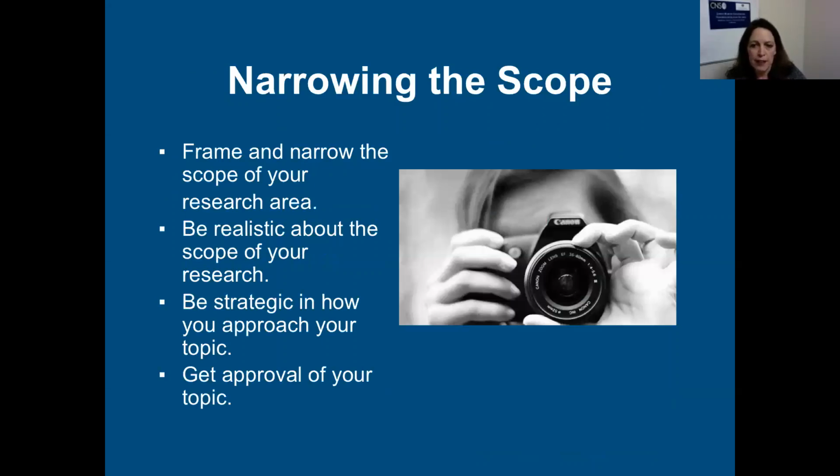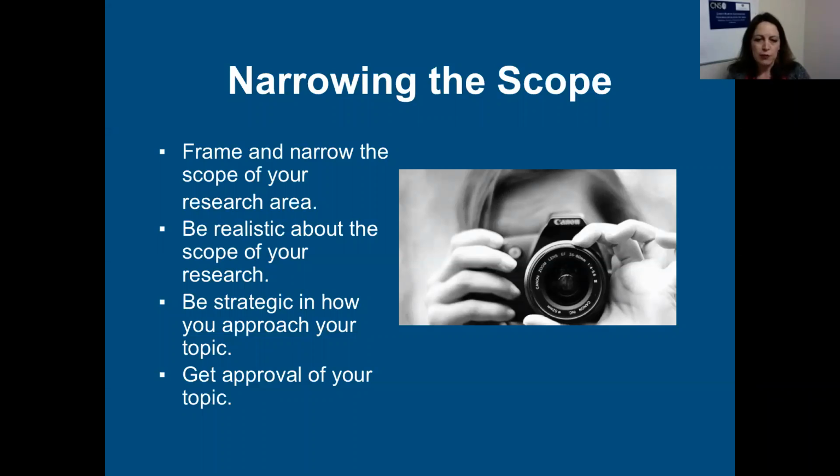And then going back to the metaphor of the landscape and then zooming in, I like the idea that we need to frame and narrow the scope of research to make sure it's very realistic, that you're not trying to take on too much within the period you have to accomplish your goal.